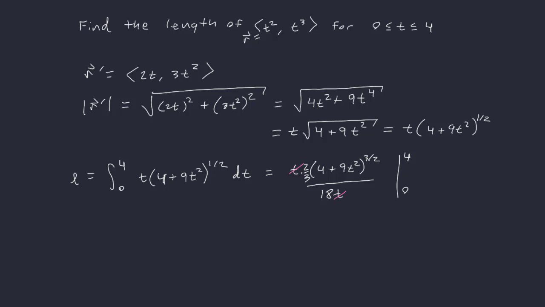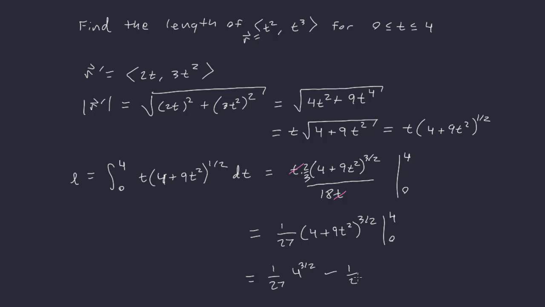So this should simplify down to 1/27 times 4 plus 9t squared to the 3/2. Then we evaluate this between 0 and 4. So we'll get 1/27, and when I plug the 0 in, we just get 4 to the 3/2.